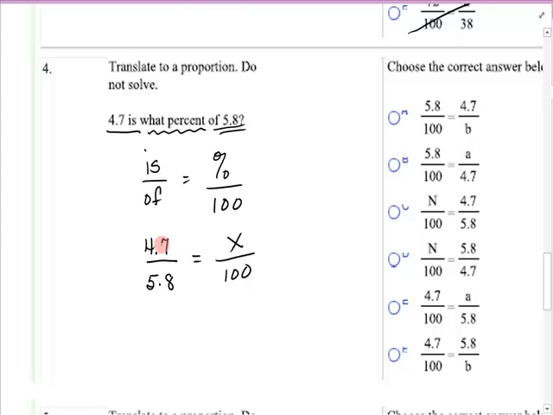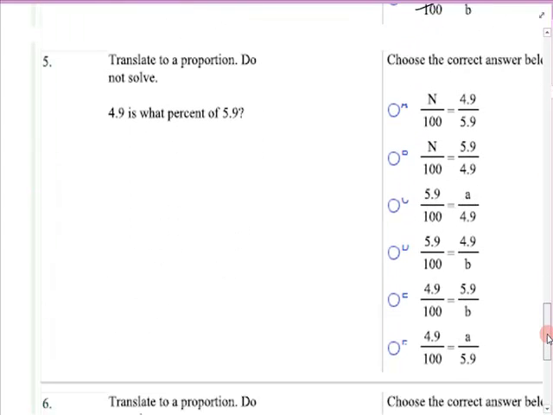Which ones do you find a 4.7 over a 5.8? This is the only one that did, and it does have an N over 100. We had an X over 100. Okay, so it is choice C. But I think you will find it easier if you are looking for the keywords is and of, and percent is always easy to identify.